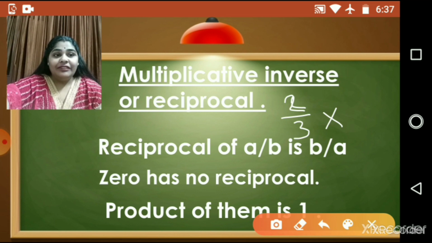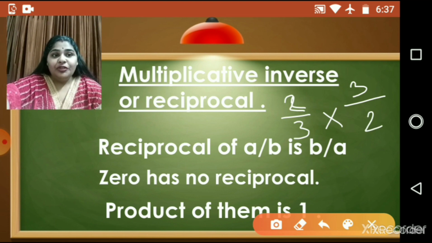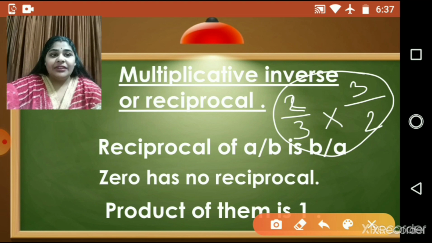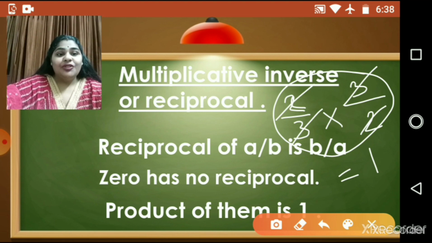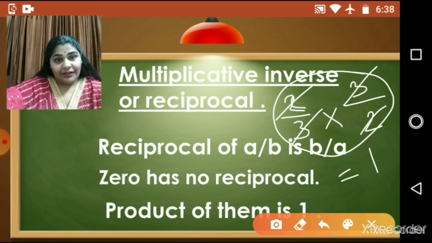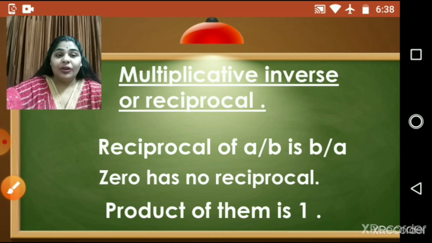So the reciprocal will be 3 upon 2. Now if you multiply this, children, the 3 gets cancelled, the 2 gets cancelled, and we get the product as 1. So whenever you multiply a rational number by its reciprocal, the product is always 1.